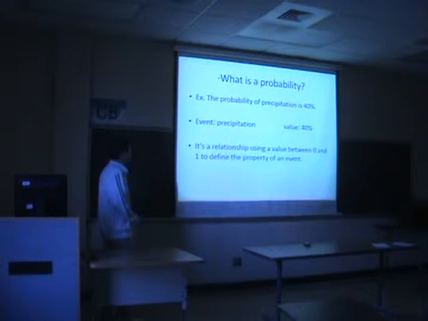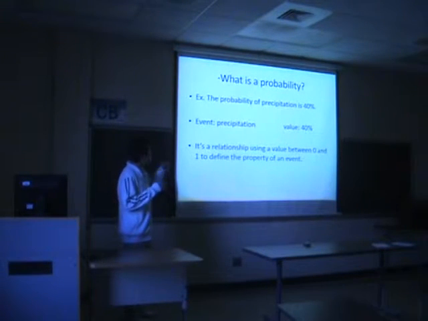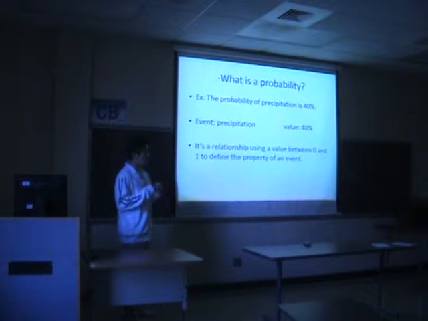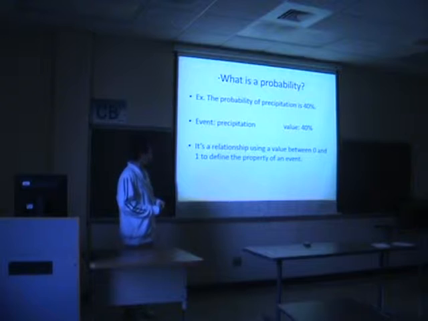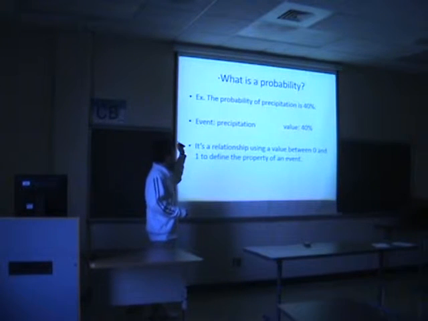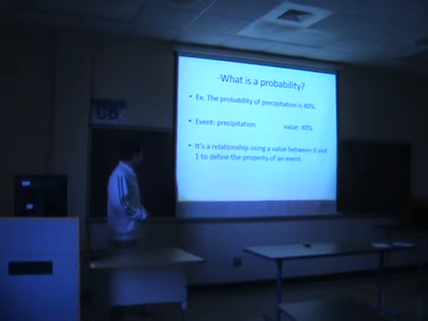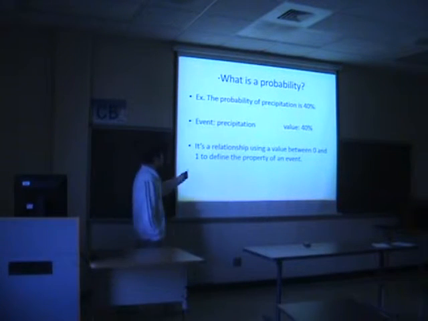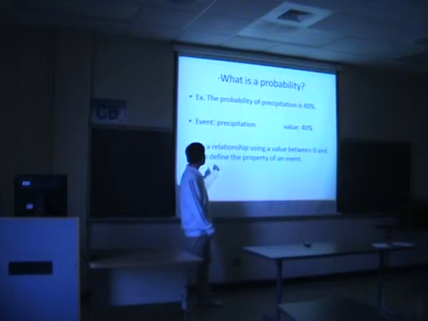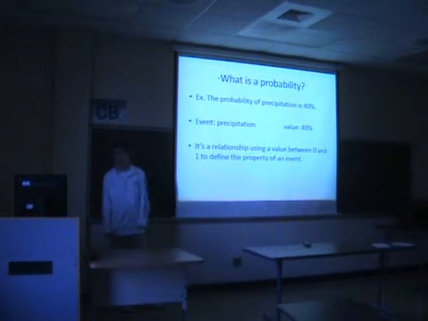So what does that mean? That means the value here is a property of this event. The precipitation here is an event, and the value shows the property of this event. And we say this value is the probability related to that event. So it's a relationship using a value between 0 and 1 to define the probability, the property of an event.